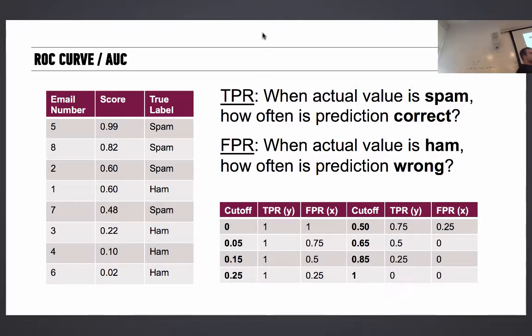So when it was actually ham, how often was I wrong? Never. Because for all of these, the spam filter said fine. So for all the actually fine emails, it was right. It only predicted spam twice, in the top two.